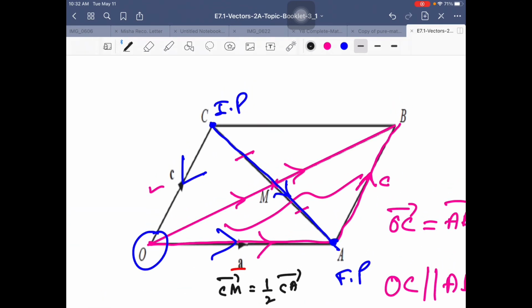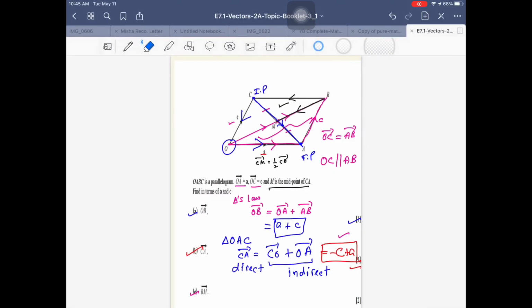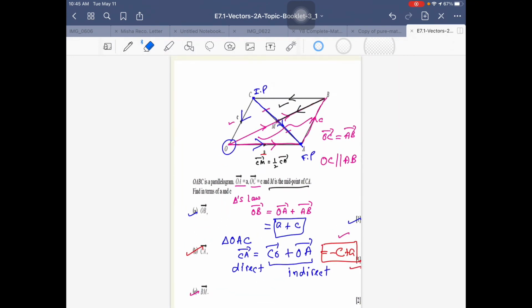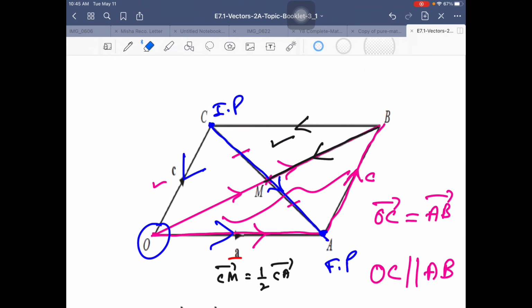So here, if I have to find BM vector, the C part is asking for BM vector. To find BM vector, we should consider either triangle BMC, the upper triangle, or the lower triangle BMA.